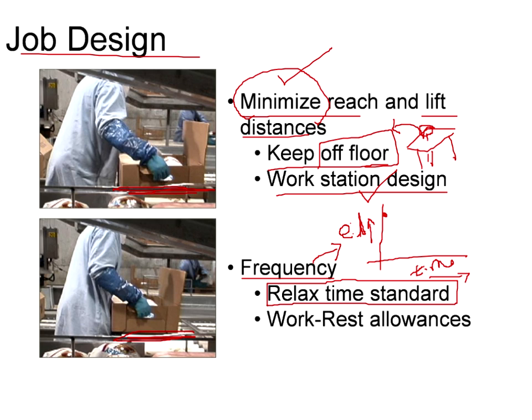And next, frequencies. Relax time standards. When a man is doing a job continuously, normally his energy level changes. If this is a graph between time and energy level, I write EL, energy level, on the y-axis.